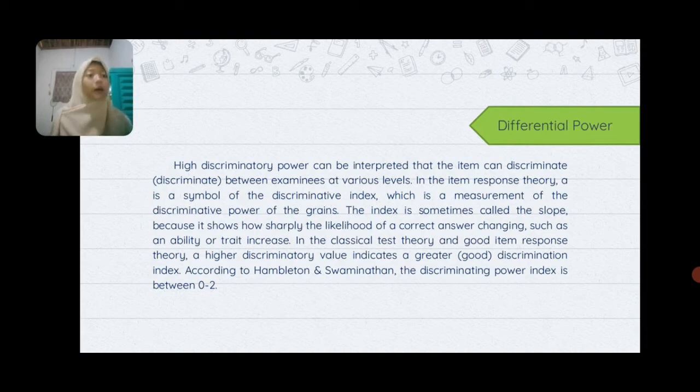The index is sometimes called the slope because it shows how sharply the likelihood of a correct answer changes as ability or trait increases. In classical test theory and item response theory, a higher discriminatory value indicates a better discrimination index. According to Hambleton and Swaminathan, the discriminating power index is between 0 and 2.